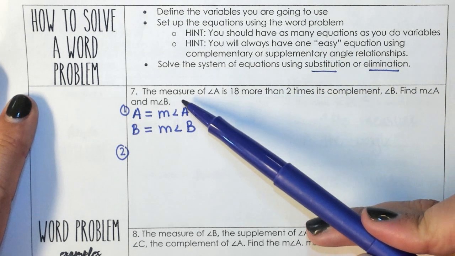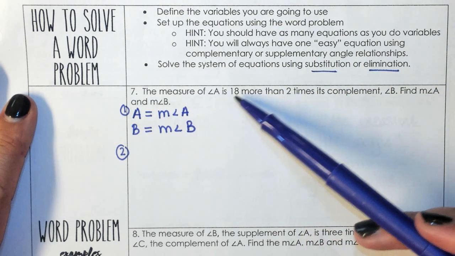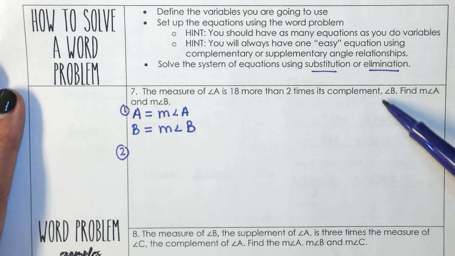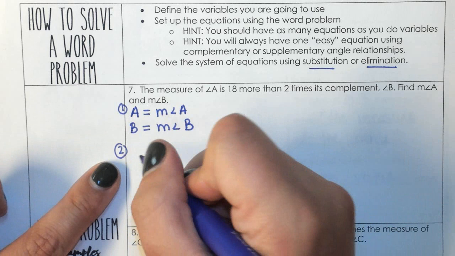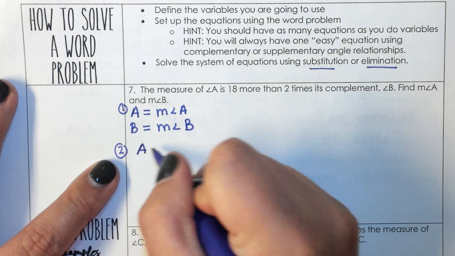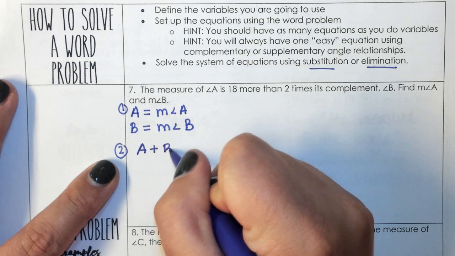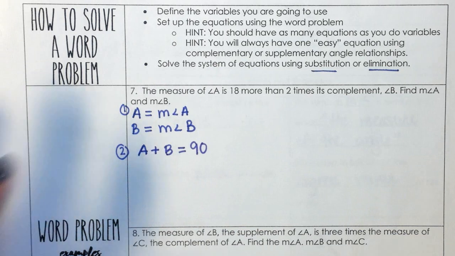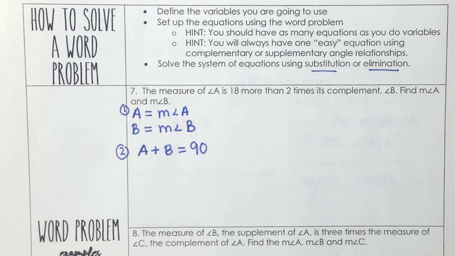In this problem, they tell us that the measure of angle A is 18 more than its complement. So I know that angle A and angle B are going to be complements, and I know complementary angles add up to be 90 degrees. So I will set up this equation, A plus B equals 90.